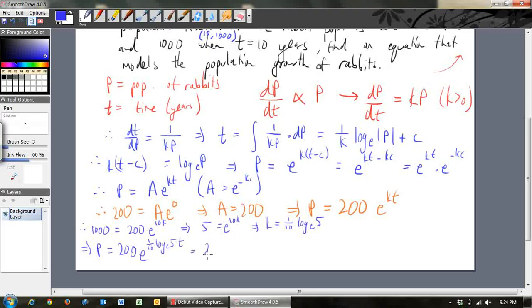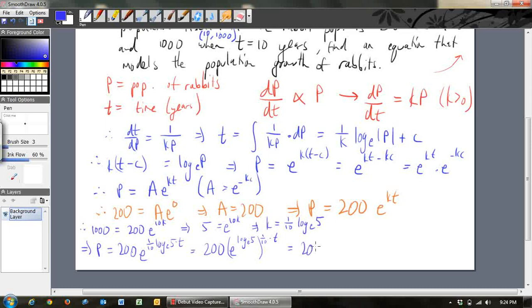Now let's simplify that a bit. That's equal to, rewrite it a little bit, 200 e. Well, we like this bit. We like the fact that that's log e 5, and if we raise that to the power 1/10 times t, just rearranging the order of that, it looks a lot nicer, doesn't it? Because what's e to the power log e 5? That's just 5.